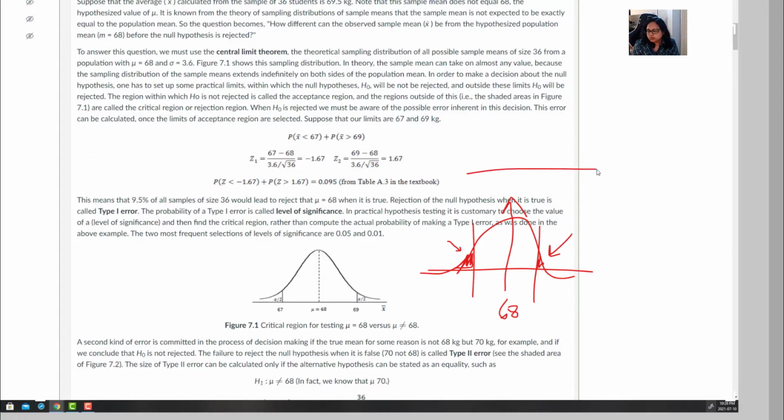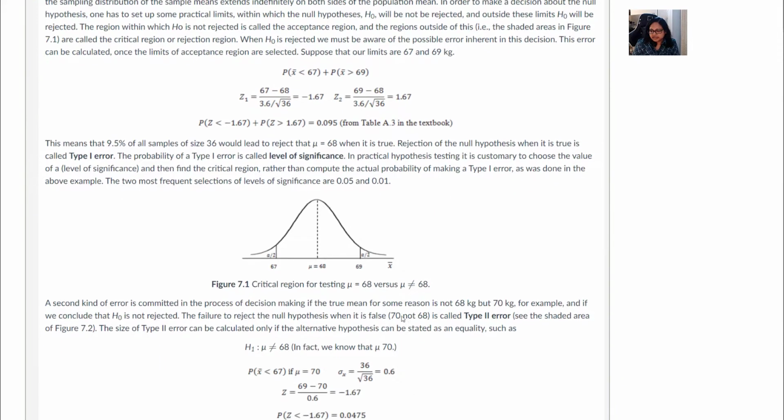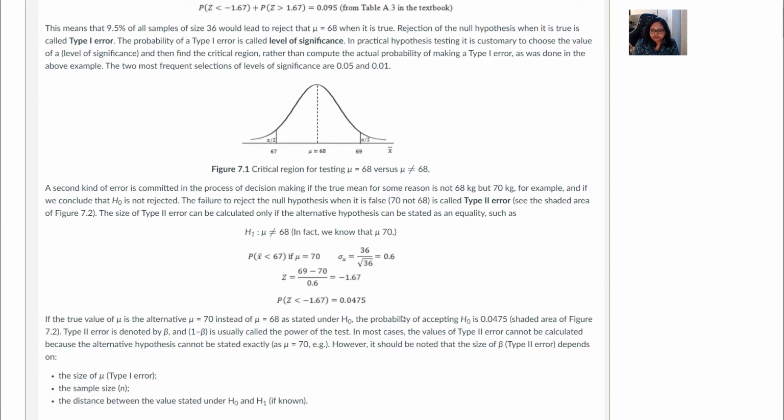Or if we say that I'm only interested in one side, then 68 is here, the null hypothesis is 68 equals 68, and we are only testing that the alternative is less than 68. It doesn't necessarily mean you have to go for two sides. It could be one-sided as well, or we could test only one side. So it's always a good idea to draw that and then find out what you actually want to know.